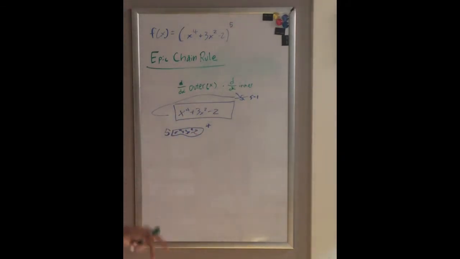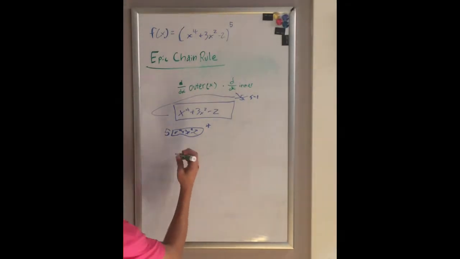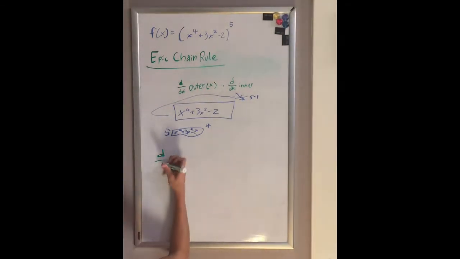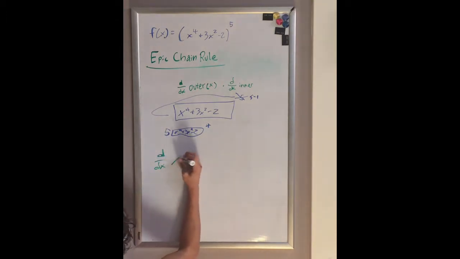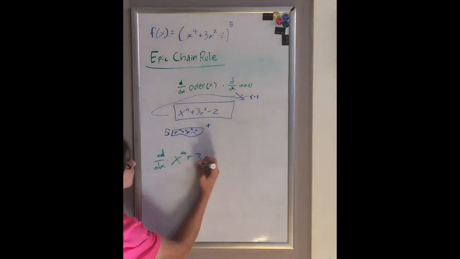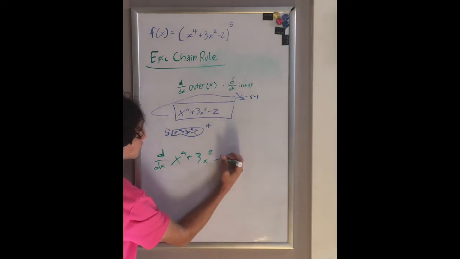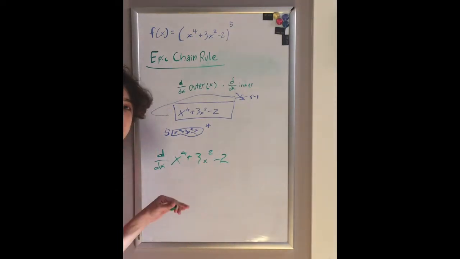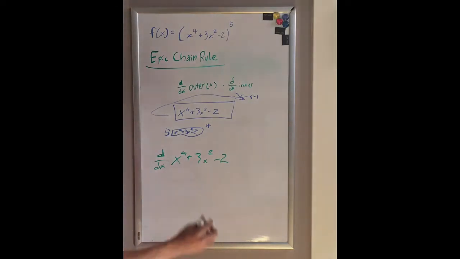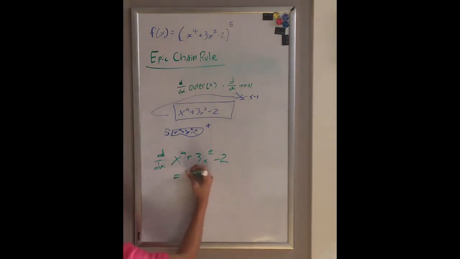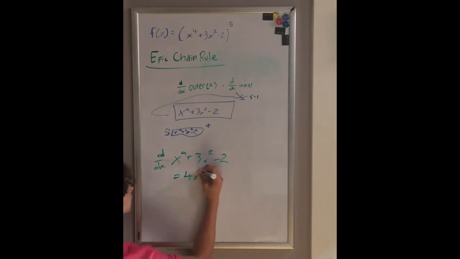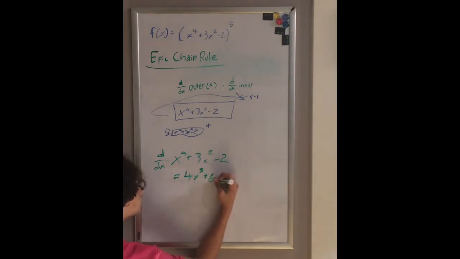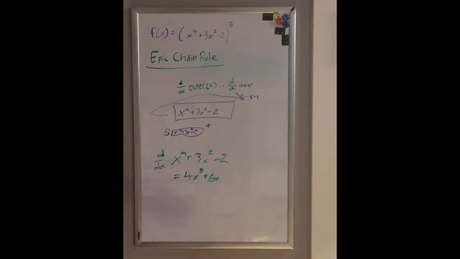So we're using the power rule right now, so if you haven't seen the power rule video, go back and watch it, then come back here. Bang. Yes, that's correct. That is the derivative of the inside.